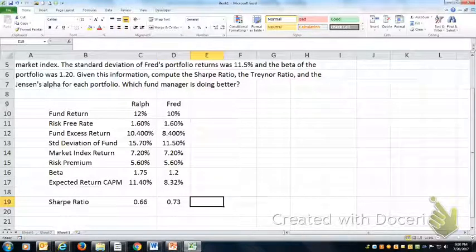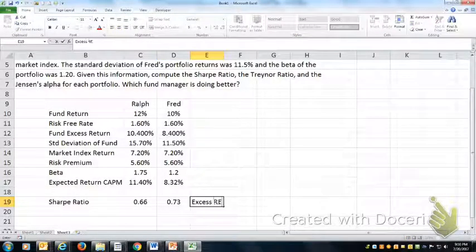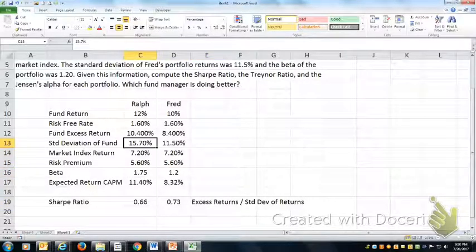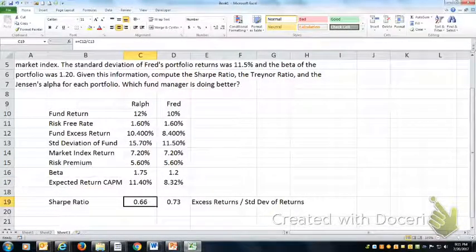Now this is the ratio of excess returns over the standard deviation of returns for the portfolio. The higher the number, the higher the return per unit of risk. So the higher the Sharpe ratio, the better, and in this case, Fred's doing better.